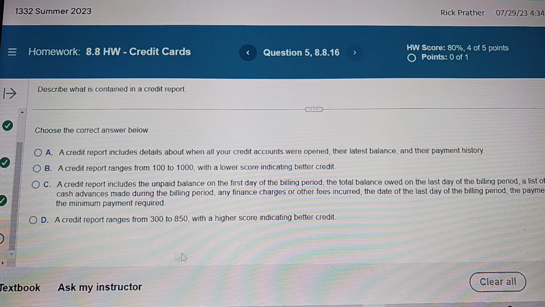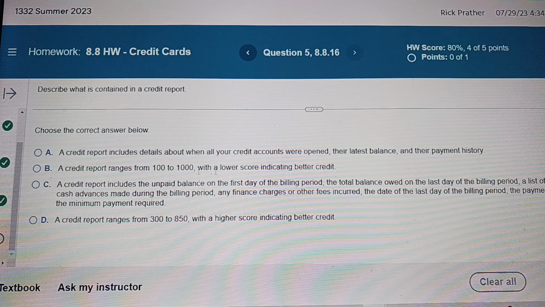Okay. Now it says, describe what is contained in a credit report. It does contain your credit score, obviously, but that's not the only thing that's in there. So, credit accounts open, their latest balance, payment history. I'm leaning between A or D here.